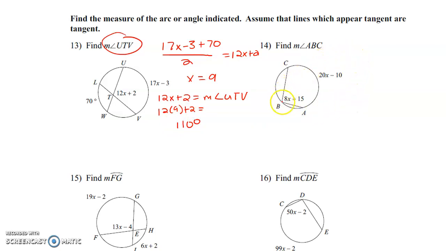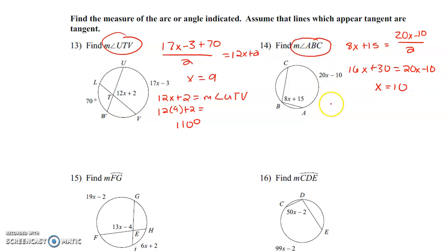Over here, vertex is on the circle, so your angle is equal to the arc divided by 2. So remember, you're going to distribute. And when you solve, you find out that x equals 10, but you have to find the measure of angle ABC.